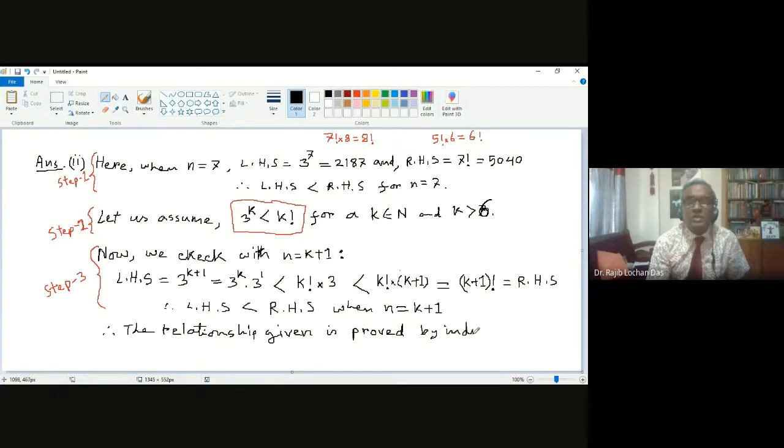You can just write induction, that is fine, I will give you full marks. What sentence you write is not our main point. The main point is you have to have a concluding remark. That is step number 4 and that will complete the induction method process.